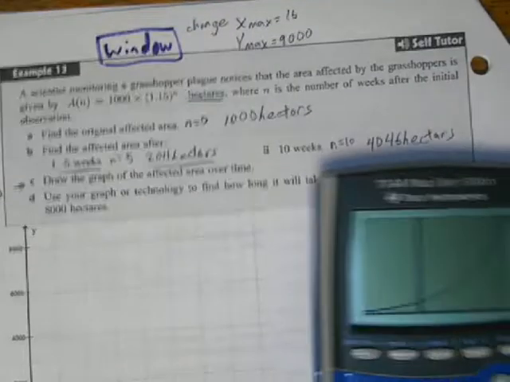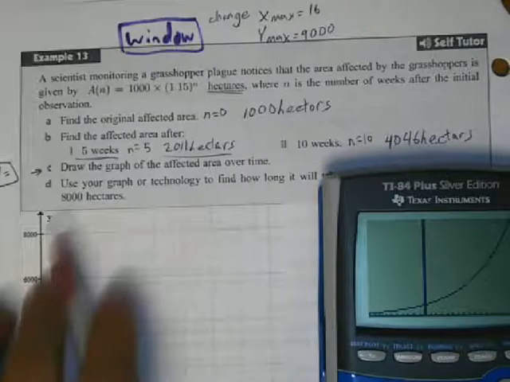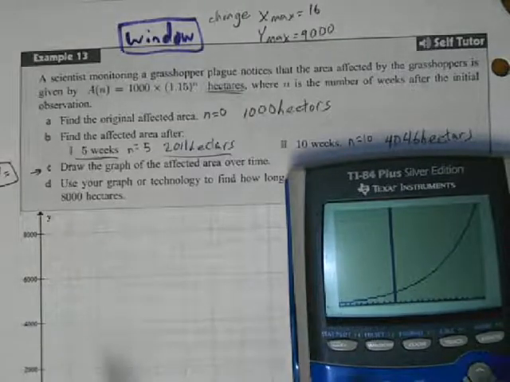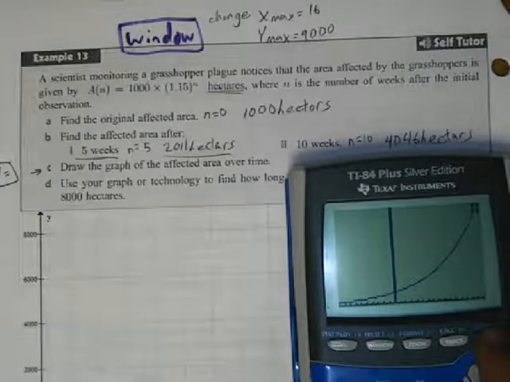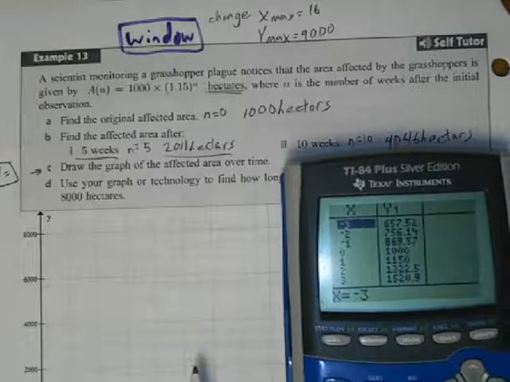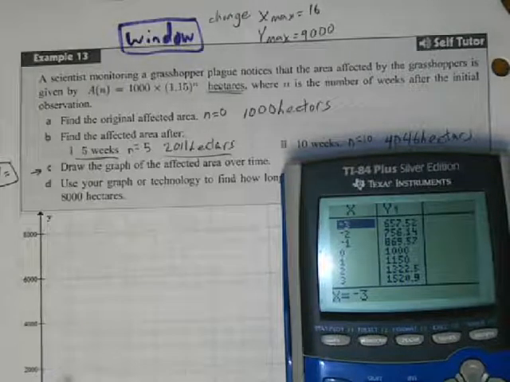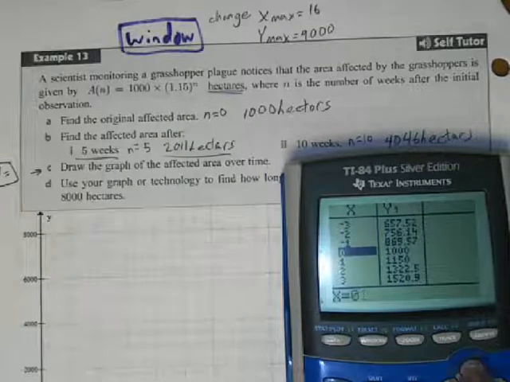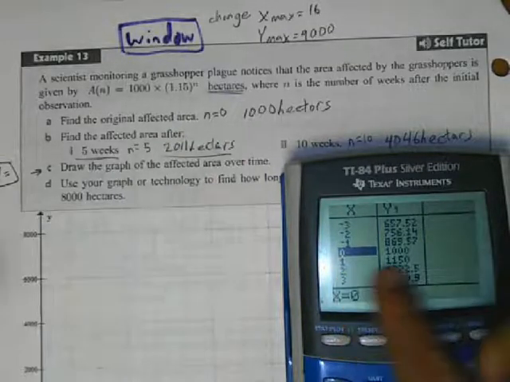Okay, so if I want to draw this, it might be easier to get a table to get some values. So if I hit second graph, I can get a table, and so this n has to deal with time, so we're not going to have any negative time, and we already know the initial value was 1,000.